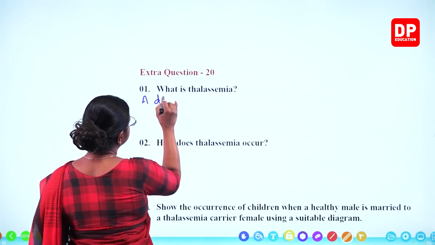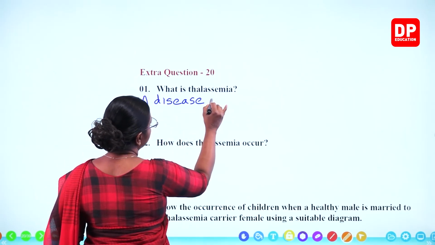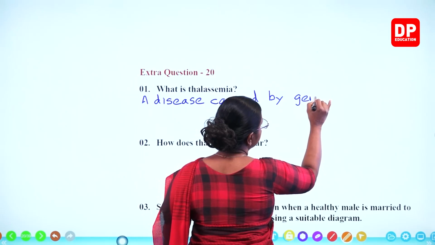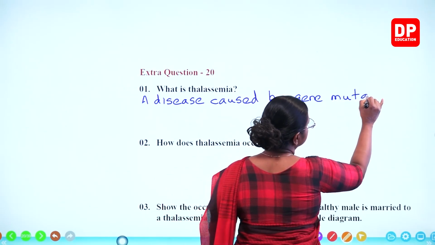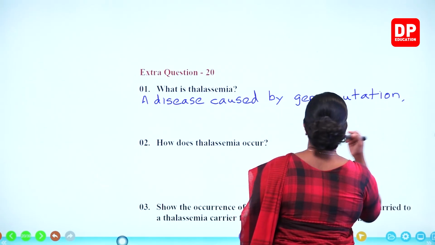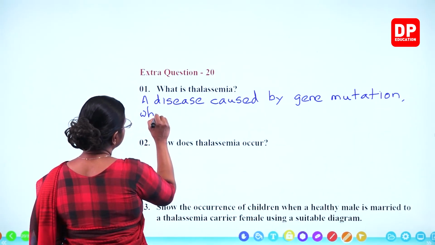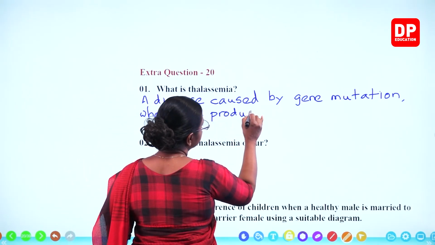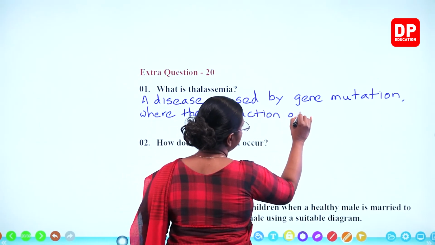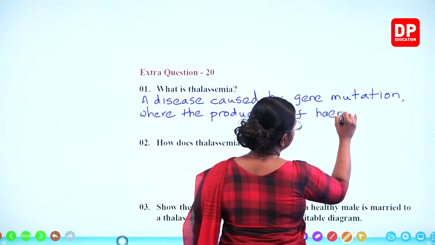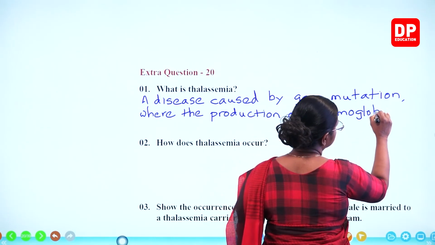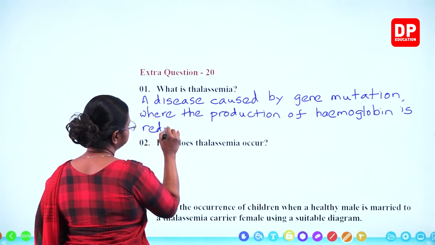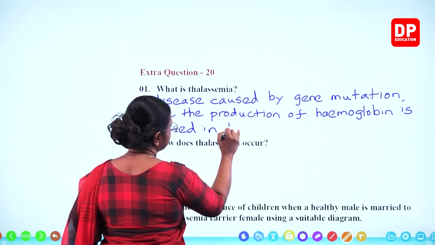A disease caused by gene mutation where the production of hemoglobin is reduced in the patient.